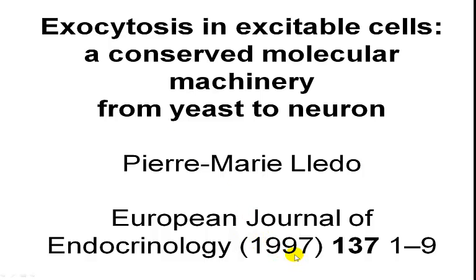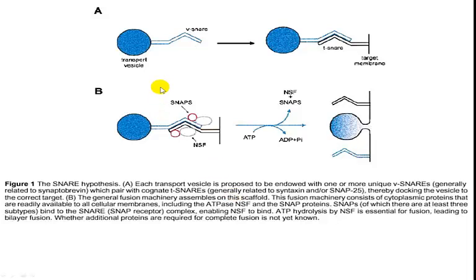I know this is old by the time you're seeing it, but still it represents that same transition. So your challenge would be to find a more current review article on this matter and see what knowledge has been gained between 1997 and the year in which you're studying this material. But essentially, this is the situation.